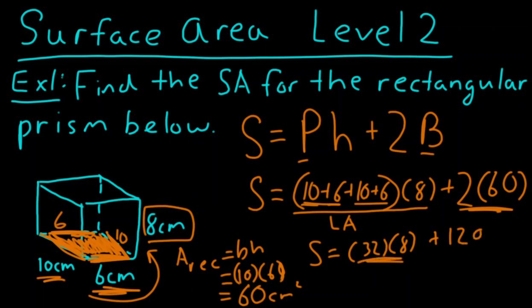Now look right here, and let's see, I know 8 times 30 is 240, 8 times 2 is 16. So I know that 32 times 8 will be 256 plus 120. And when I add those 2 numbers together, 256 plus 120, I know that that's going to give me 376. And in this case, because our units are centimeters, I'll say 376 centimeters squared.